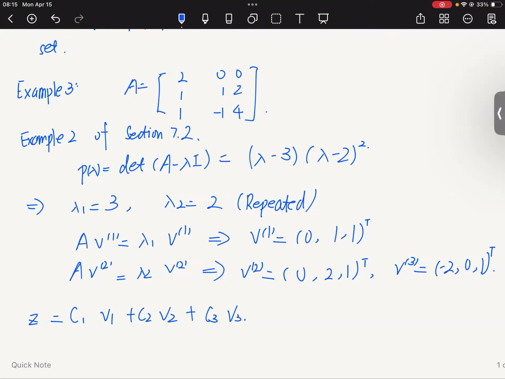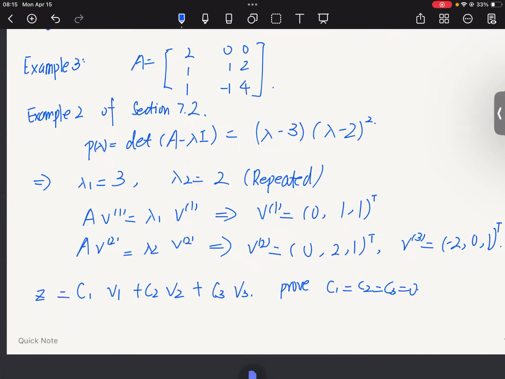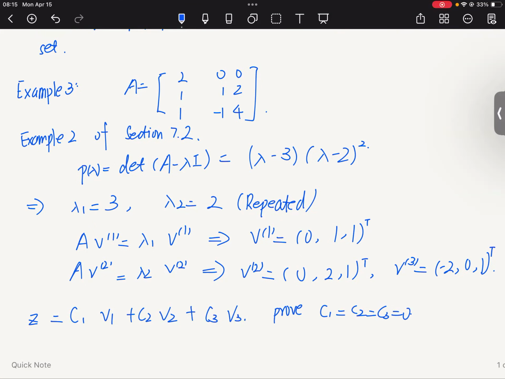What you are going to do is prove that c1, c2, c3 equal zeros. The idea is to take the inner product with z, and check the inner product with v1, and let it be 0, because we set z to be 0, and we want to prove c1, c2, c3 equal to 0.